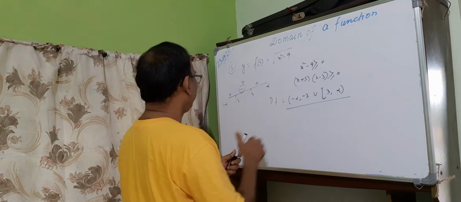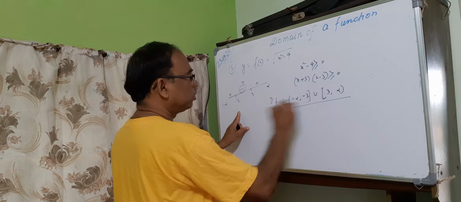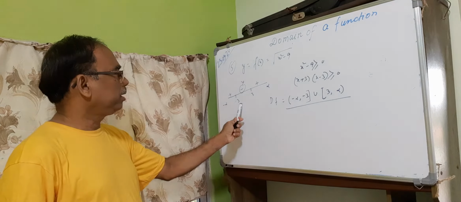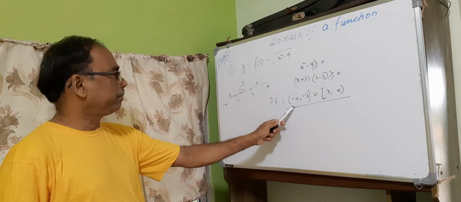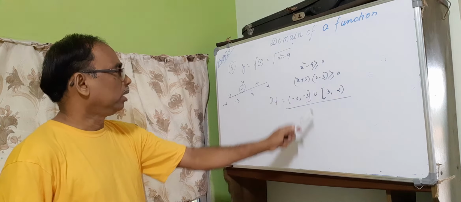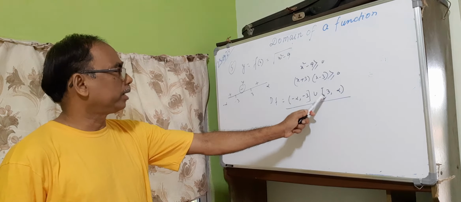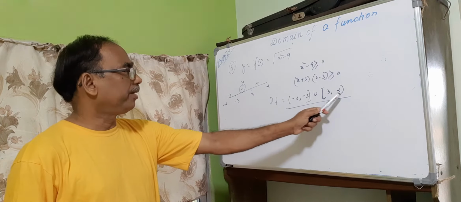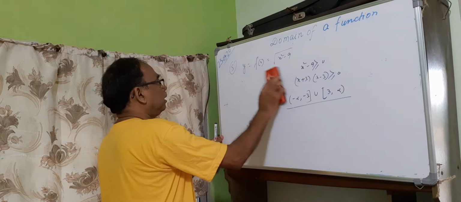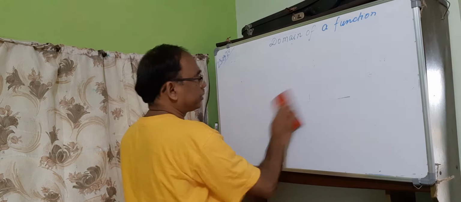Minus 3 should be included, so it is in a third bracket. Minus infinity to minus 3, minus infinity in a first bracket means not included, and minus 3 is included because of greater than or equal to. Union 3 is included, that's why a third bracket, and infinity in a first bracket. That is the domain of the function. Now do the next sum, number 6.